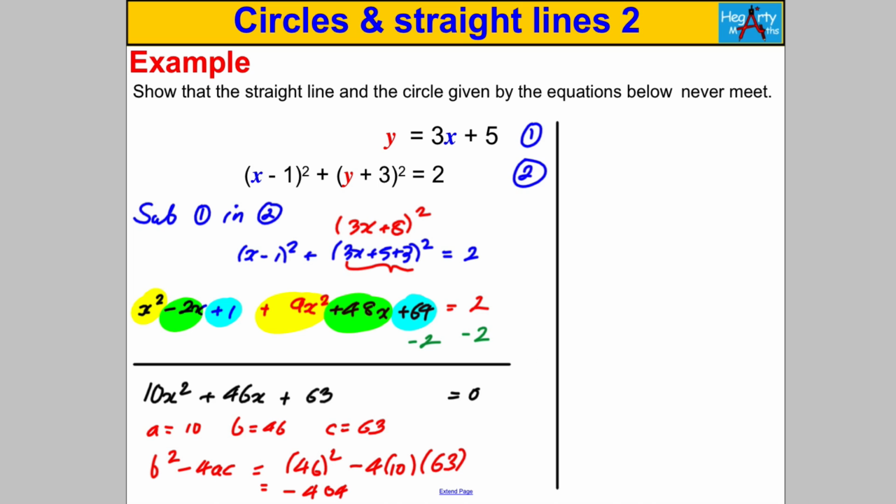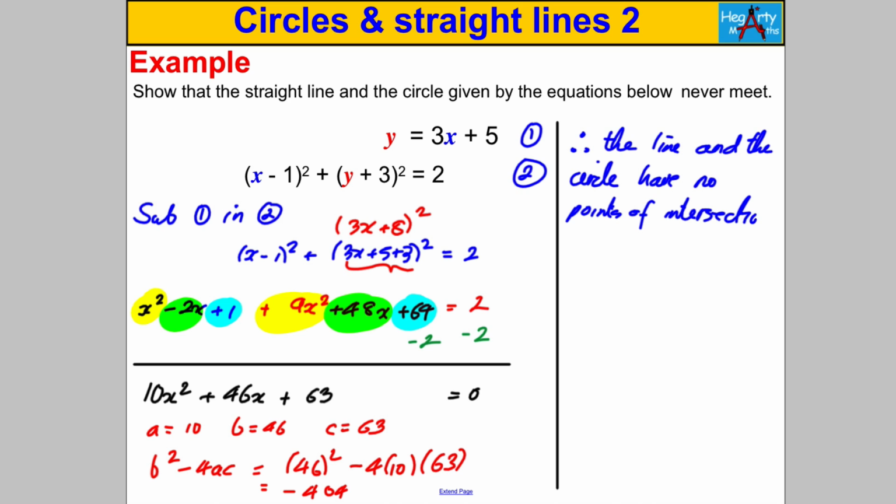You should go down the page if you can. Therefore, the line and the circle have no points of intersection, therefore they never meet.